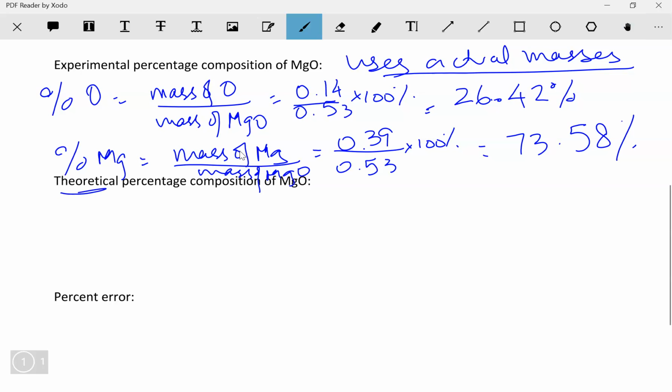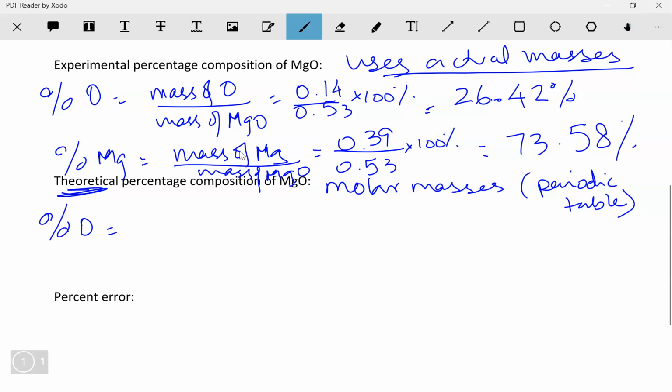For a theoretical percentage composition, we use molar masses from the periodic table to calculate our percentage composition. So we're going to do essentially the same thing, but instead of mass, we're going to say molar mass of oxygen divided by molar mass of MgO.